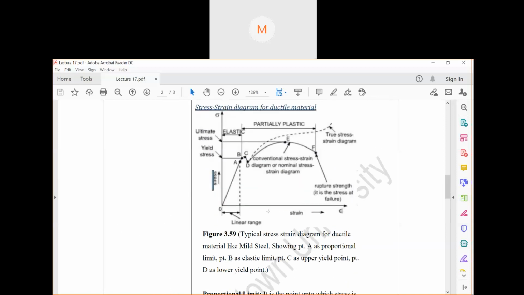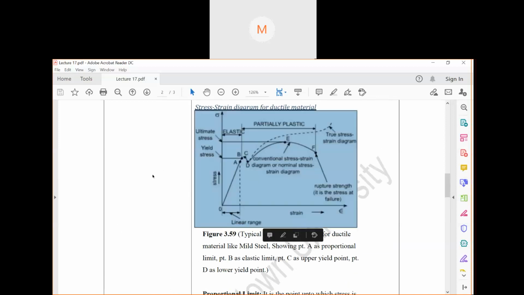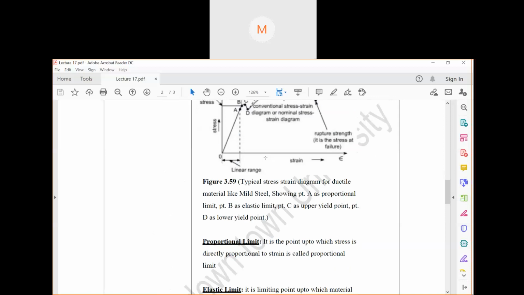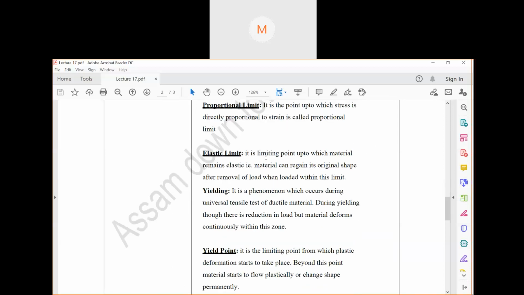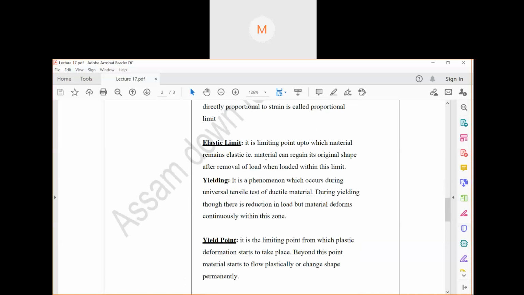Now, look, if you see, then point number C, yielding. After that, it will yield.